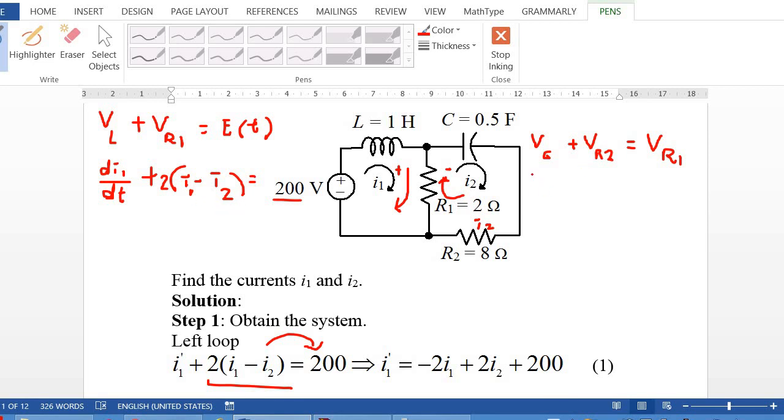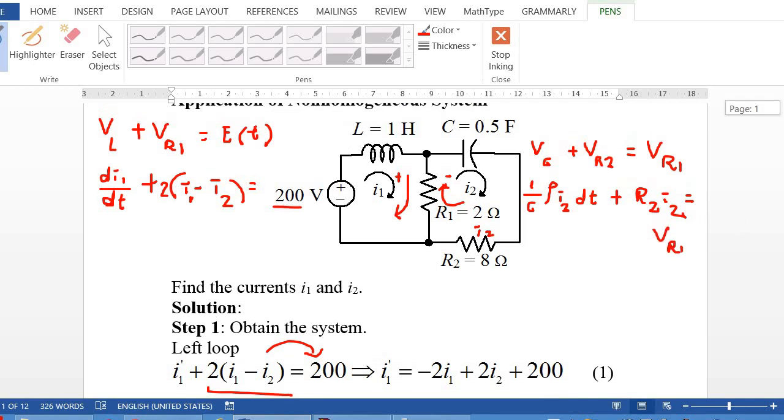VC will be 1 over C times the integral of I2 dt, since only I2 flows through it. VR2 will be R2 times I2, equal to VR1.